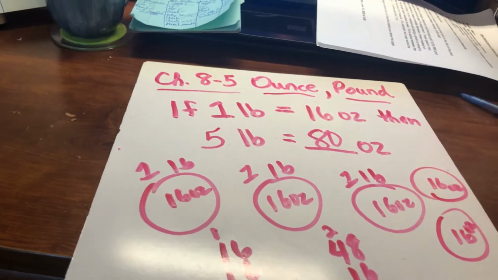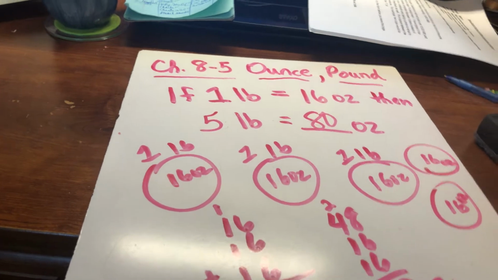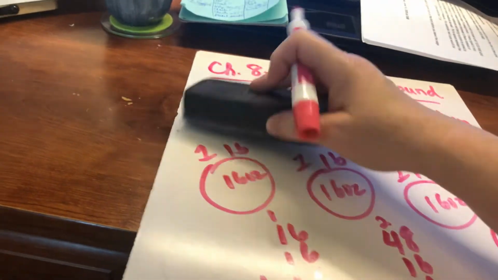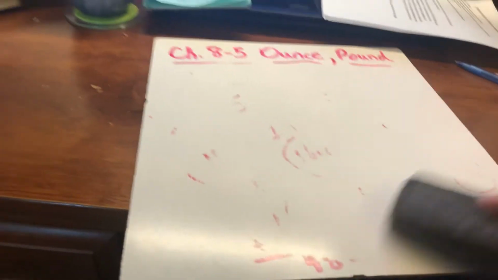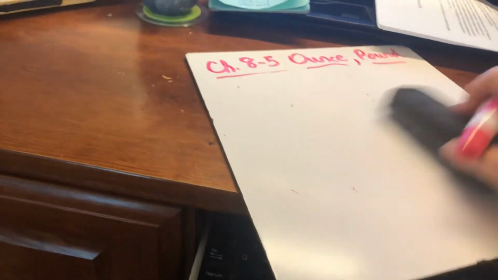The last thing that I wanted to go over would be comparing measurements. Sometimes when we compare measurements, it's a no-brainer and very easy because of the way the two measurements were given.